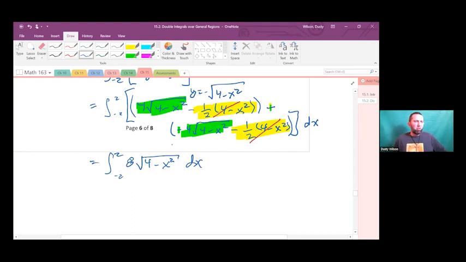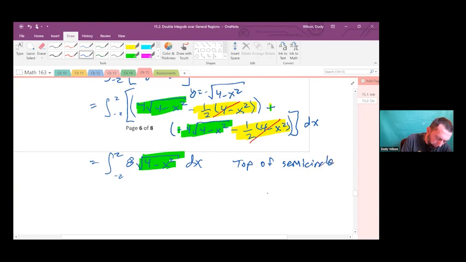We could evaluate this using trig substitution. I believe we could use an arcsine in this particular case, but we could also recognize that this bit right here is the top of a semicircle. Like this. So here's 2, minus 2, y and x. And so it has radius equal to 2.